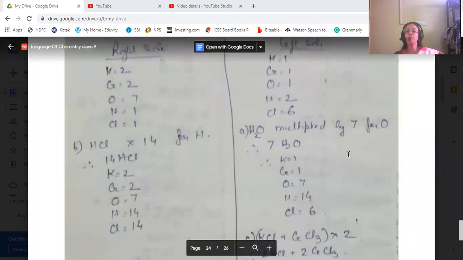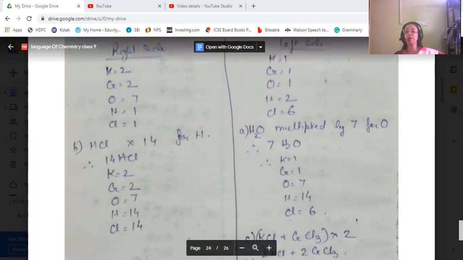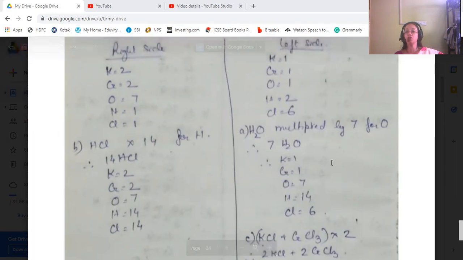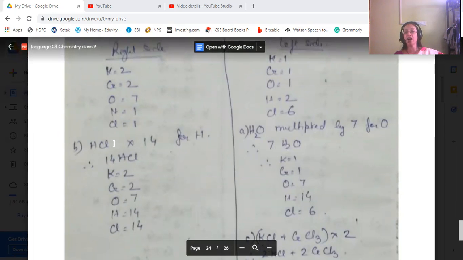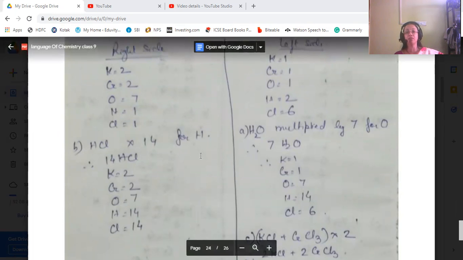So first step will be on the product side, that is H2O is multiplied by 7 for oxygen. So it becomes 7H2O. That means K is equal to 1, chromium is equal to 1, oxygen 7, hydrogen 14, chlorine 6. Now, second step is on the reactant side, HCl is multiplied by 14 for balancing hydrogen.